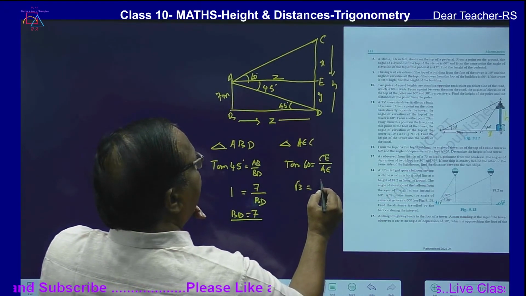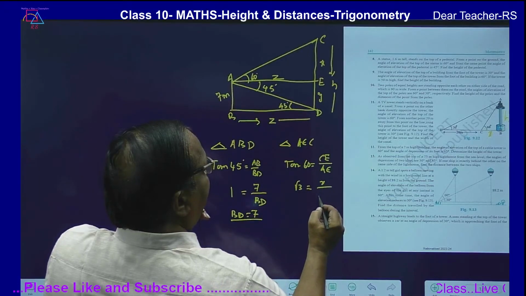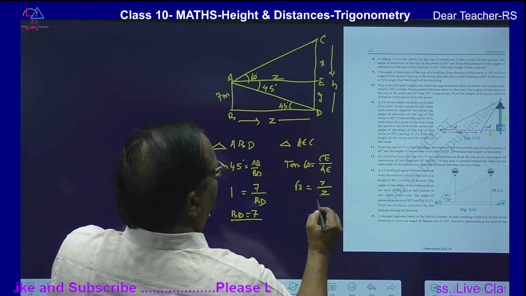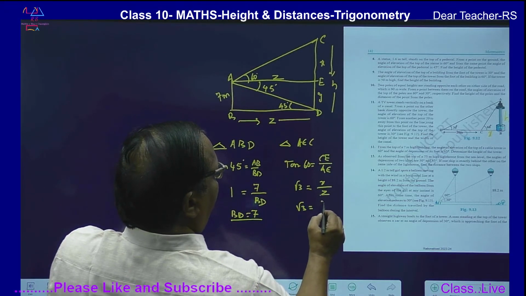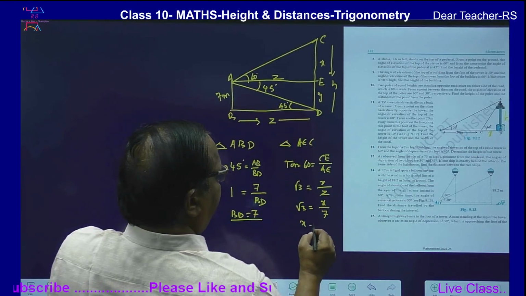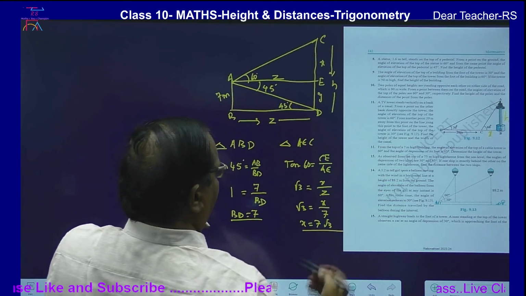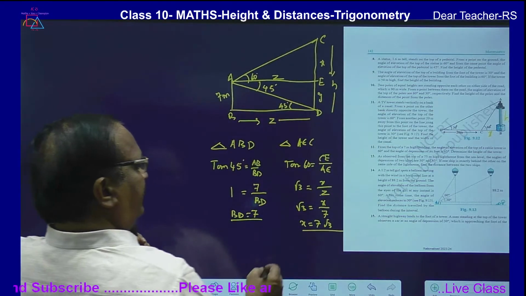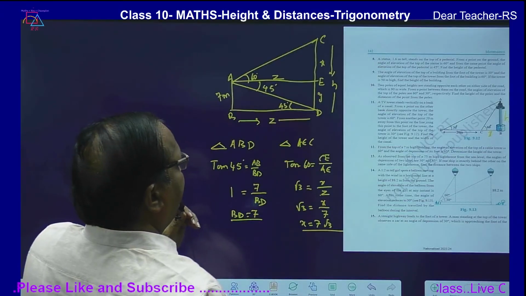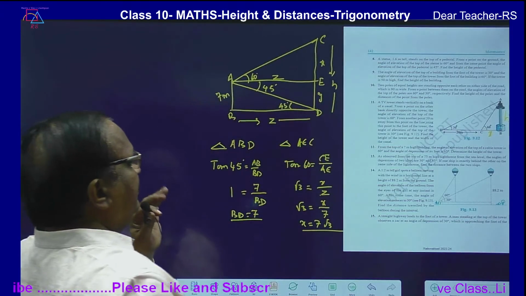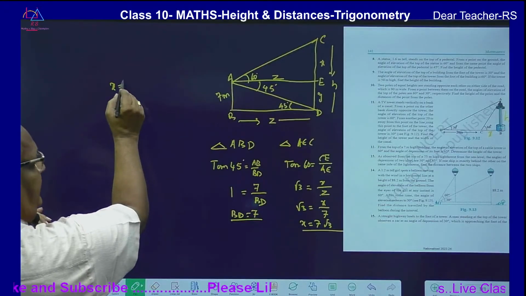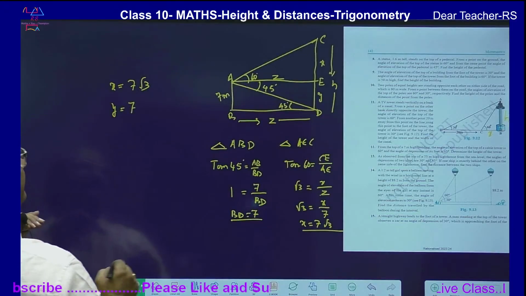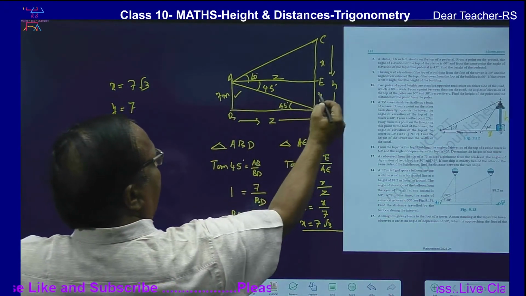Root 3 is equal to CE. We have only X. AE is equal to Z. And root 3 is equal to X by Z, which is nothing but 7. X is equal to 7 root 3. Okay. So we got X is equal to 7 root 3 and Y is equal to 7, because these two things are parallel.